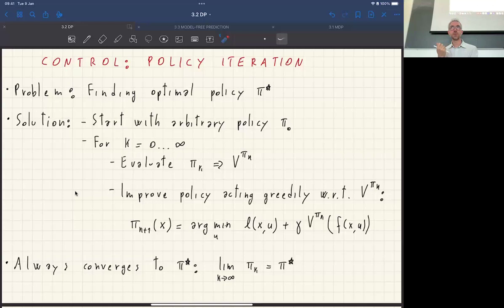So at every step, we are improving the policy a little bit, or at least we are not making it worse. And this, as the number of iterations goes to infinity, converges to the optimal policy pi star. And of course, the optimal value function v star. Because once you have the optimal policy, if you evaluate it, you get the optimal value.